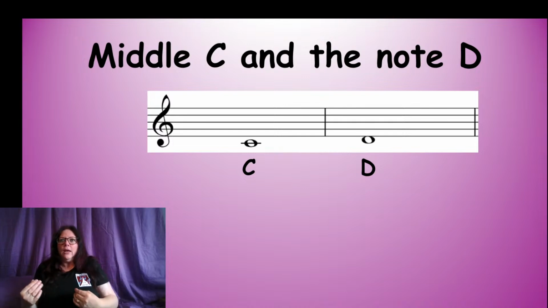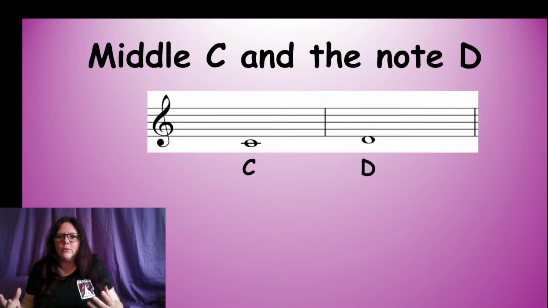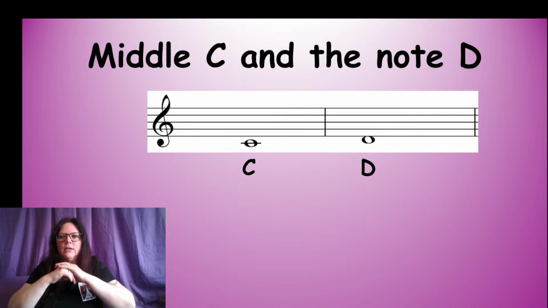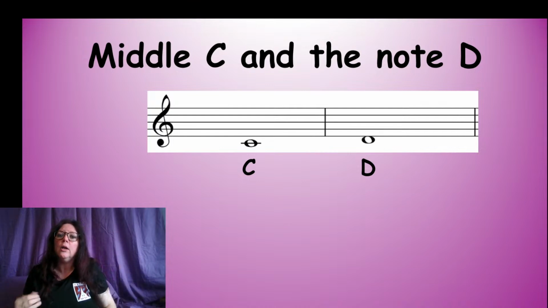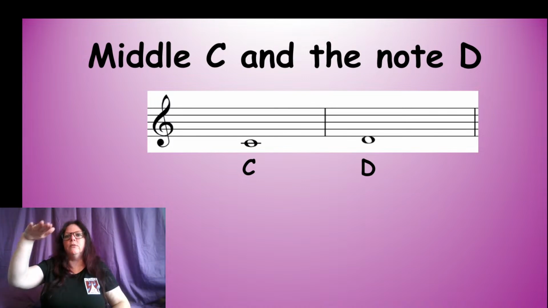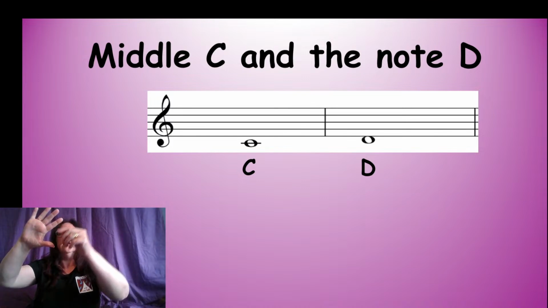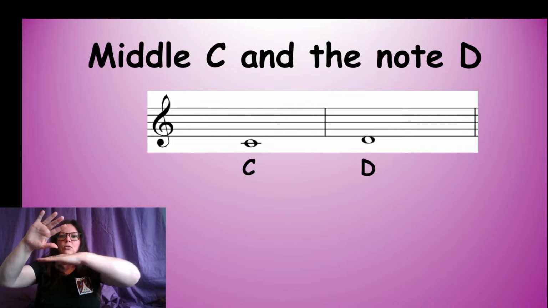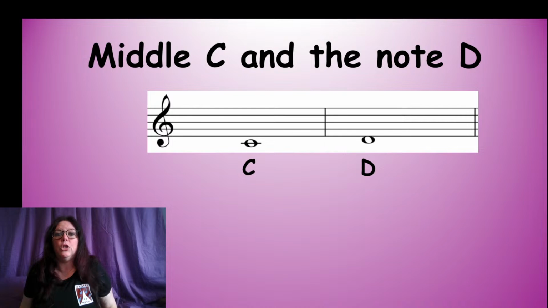So there are two ways of being able to remember middle C. You can remember it as this special note that sits on its own little line just below the five lines of the treble clef stave, or you can do your alphabet backwards from E, that bottom line, and count backwards: D in the space, and then C on its own special line, whichever works for you.